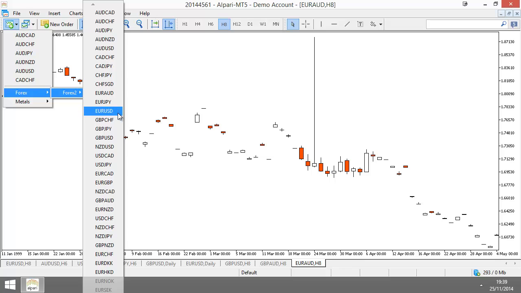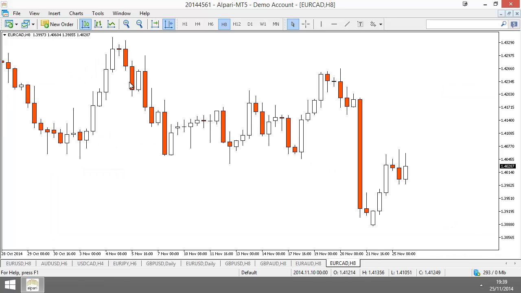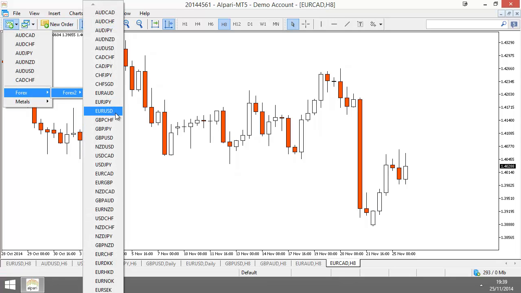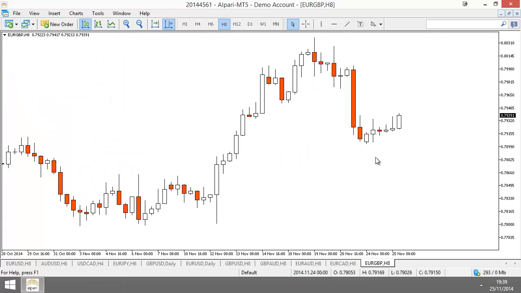I can't see Euro CAD. Oh, there it is. And Euro GBP. Again, I can't see Euro GBP. Where is it? There it is. Okay.